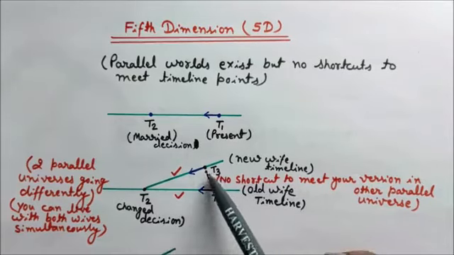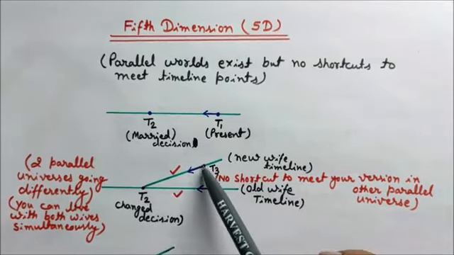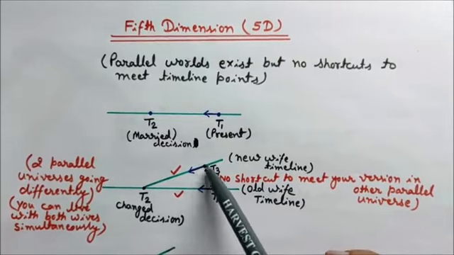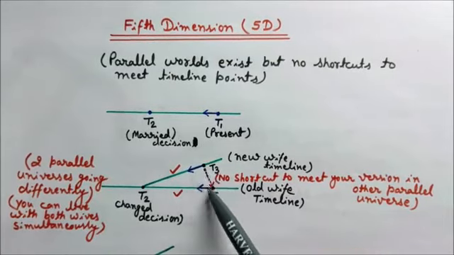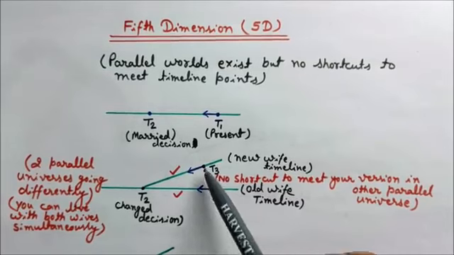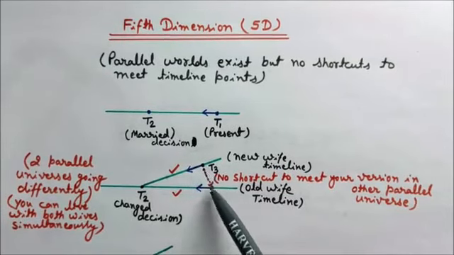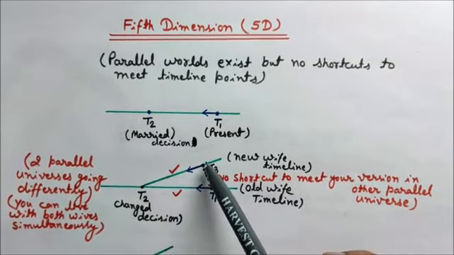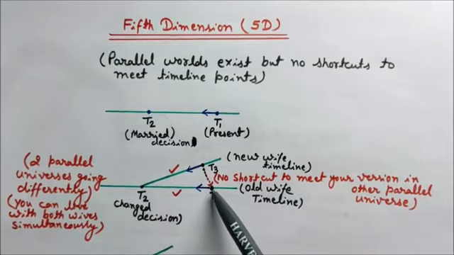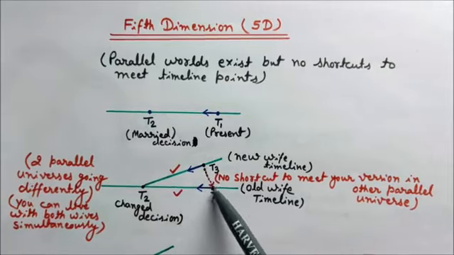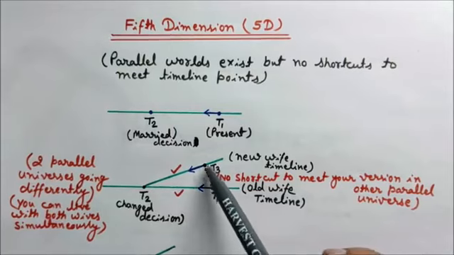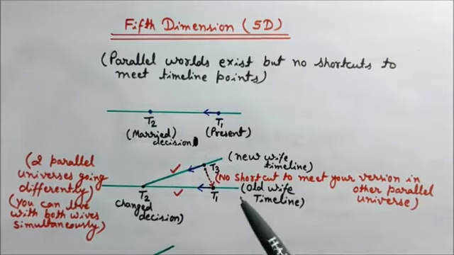But there is one limitation with this. What is it? If you are at this point with the new wife, you have two separate versions of yourself in these two worlds, and one version has the new wife. You want to meet your other self in the other world who is living with the old wife. You cannot go directly to this point. Okay, you cannot meet him. So what is the way?